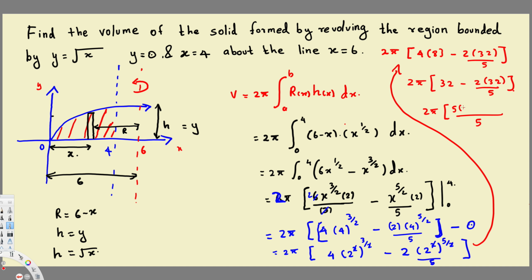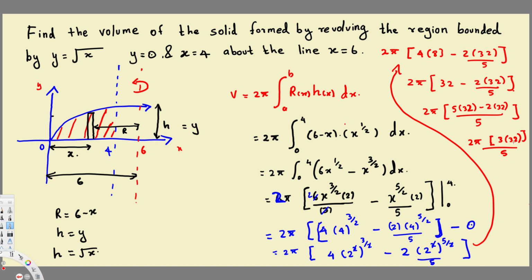So 5 times 32 minus 2 times 32 over 5. So this is going to give us 2 pi times 5 minus 2, because since we have 32 right here, we can directly subtract. So this is going to be 5 minus 2, 3, right? So 3 times 32 over 5.